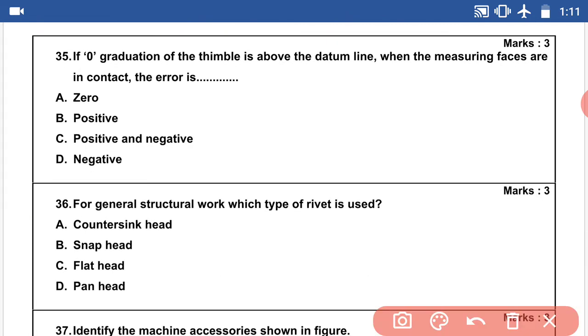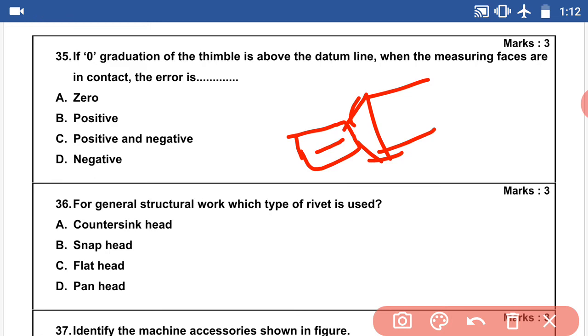Question number 35. If the zero graduation of the thimble is above the datum line when the measuring pieces are in contact, the error is dash. So in this question, the parallel value is 0 and the thimble value is 0, but here the zero value is above the datum line.